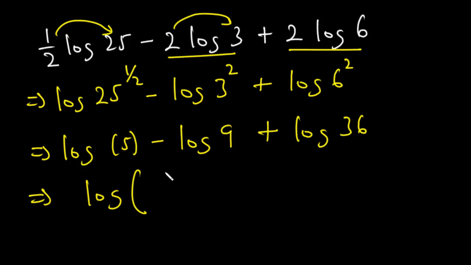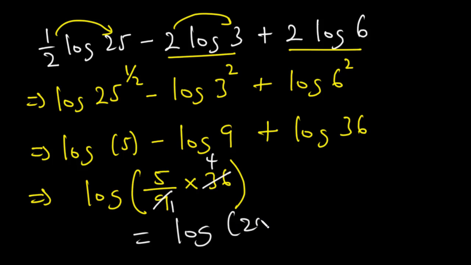Because we are going to subtract, we have 5 divided by 9, and then because we are going to add, we have times 36. 9 goes into itself once, and then into 36 4 times, and 5 times 4 is 20. So our final answer is going to be log 20.